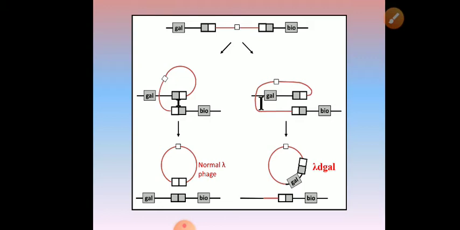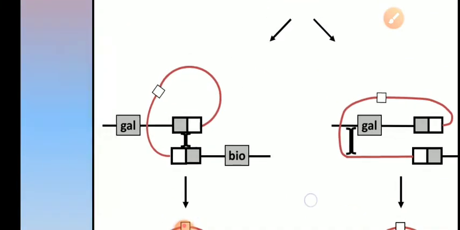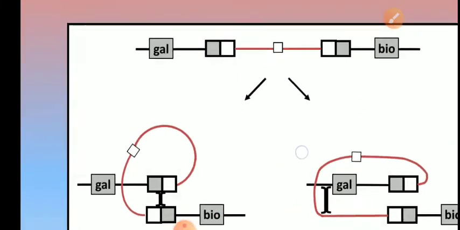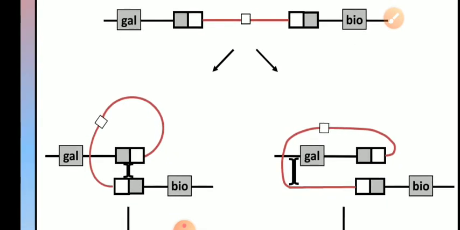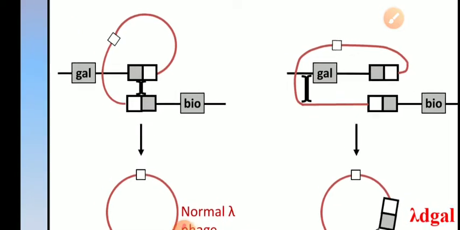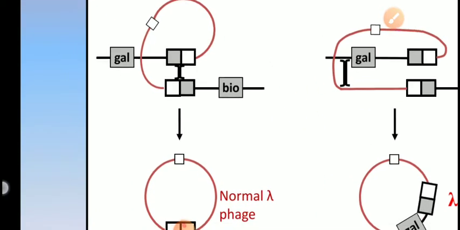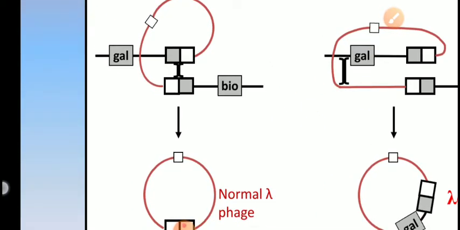Now let us understand here: the lambda phage genome, shown in red color, is integrated between the galactose and biotin genes of E. coli. Now because of induction, the lambda phage genome got separated. So here in this diagram you can see normal lambda phage genome separated from the E. coli chromosome.